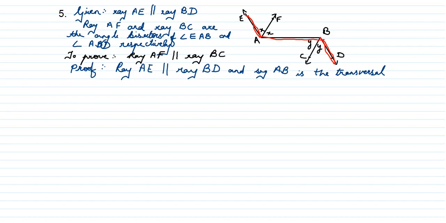Okay, so over here which letter we got? We got letter Z. Means these two angles will be the alternate angles, that is angle EAB and angle ABD. The lines are parallel, so the angles formed will also be congruent.